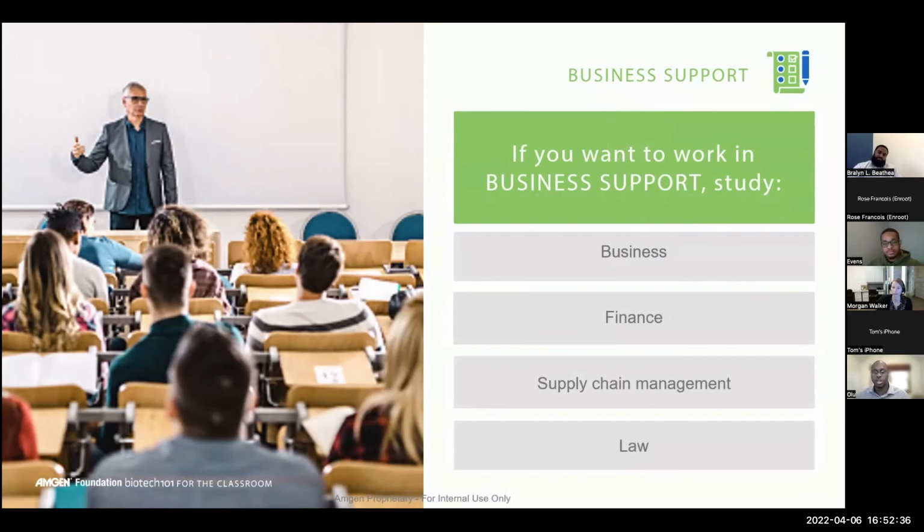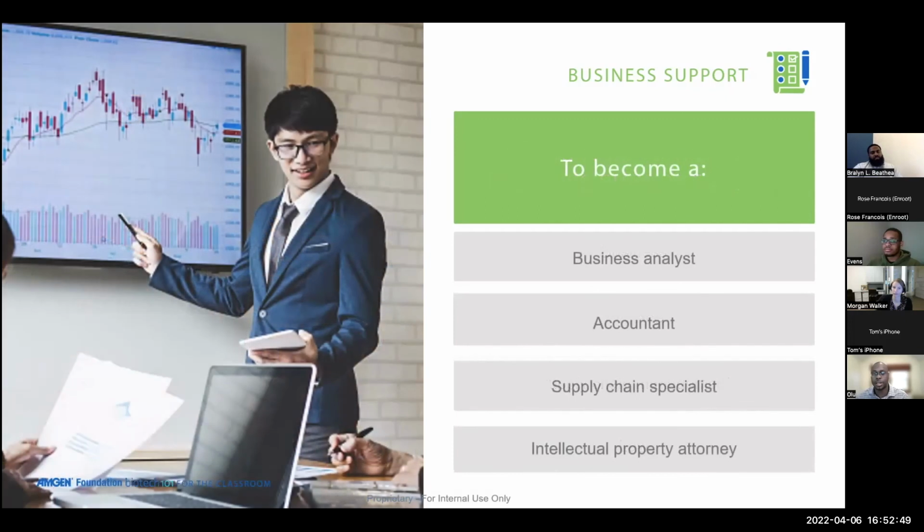They also help us draw up contracts and all that. Our medications, it's not the doctors and nurses and pharmacists and the engineers that go and deliver it, right? We have a supply chain group that does that. So we have business analysts, accountants, supply chain specialists, intellectual property attorneys that take care of all that.